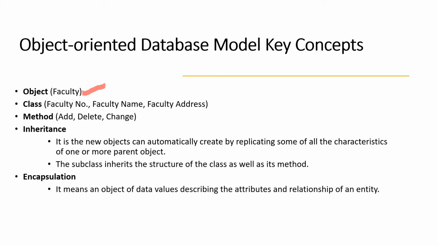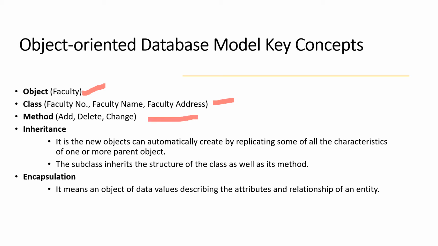If we say class, class refers to the general structure and defines the set of shared attributes and behavior found in each object in the class. So, for example, the object is faculty. The class attributes are faculty number, faculty name, and faculty address.